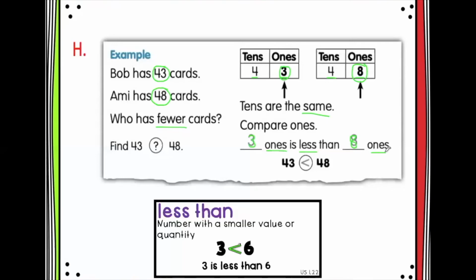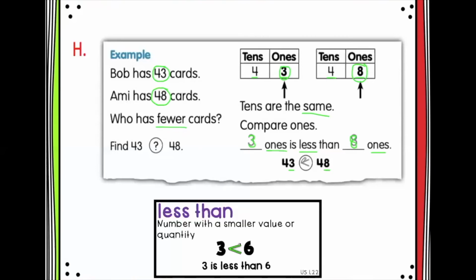One of the tricks you can use is to pretend that this symbol is the mouth of an alligator. And the mouth of that alligator only wants to eat the greater number, the bigger number. Well, we use the ones place to find which is greater. So the 8 is greater than the 3, so the mouth is going to open up toward the 8.